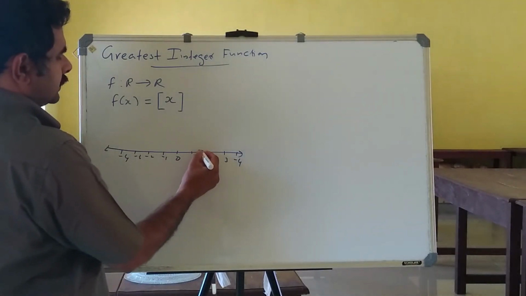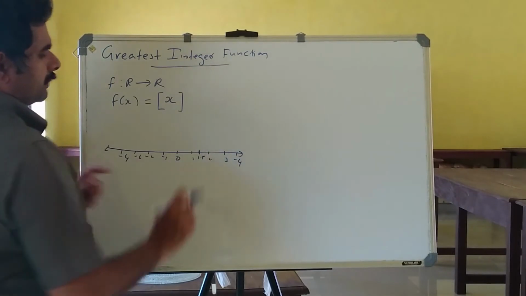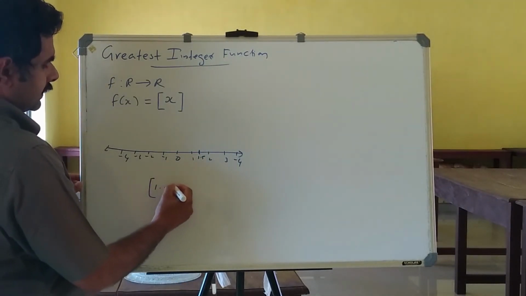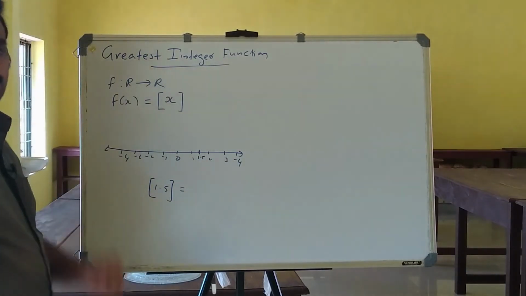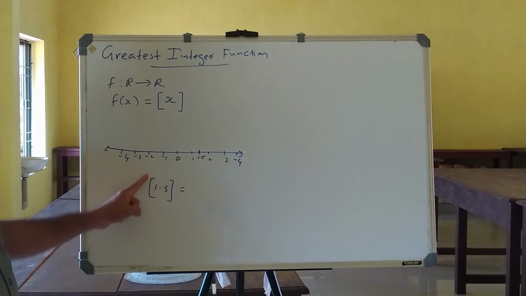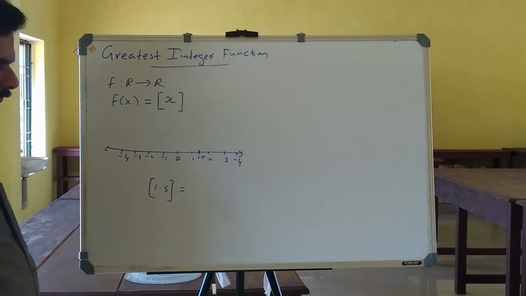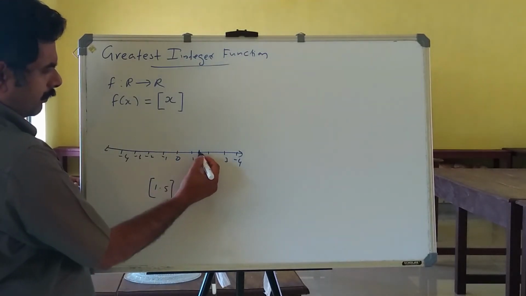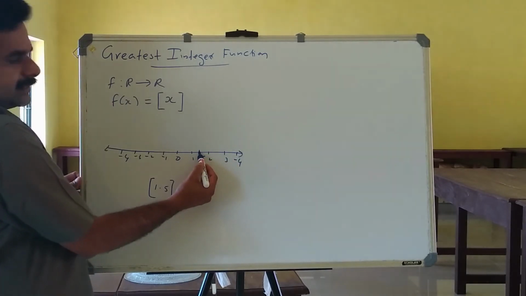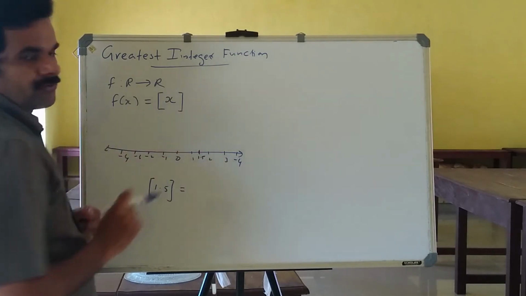Let this point be 1.5, between 1 and 2. Greatest integer value of 1.5 means, 1.5 is this one. What is the greatest integer up to 1.5?